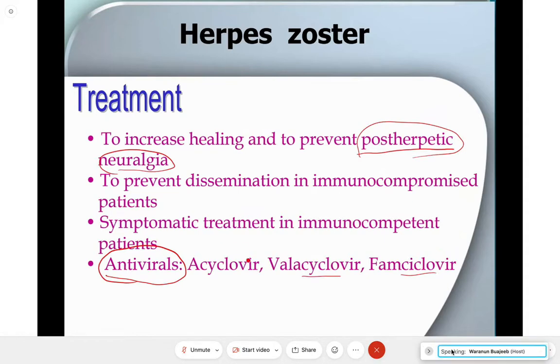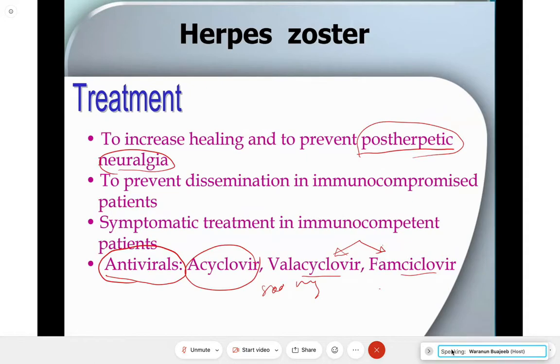For acyclovir, they need to take 800 milligrams 5 times per day for 7 days, so it's quite difficult for patients. Newer drugs mean less frequent taking of the medication.